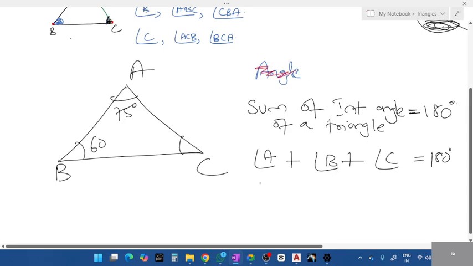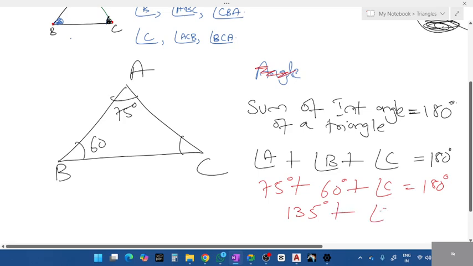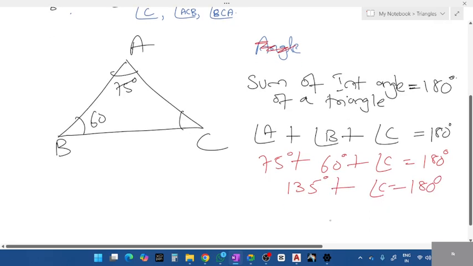Now let us substitute the angles. 75 degrees plus 60 degrees plus angle C is equal to 180. Simple linear equation. 75 plus 60 is 135, plus angle C is equal to 180. How do you find angle C then? 135 goes to the other side, and angle C is equal to 45 degrees.